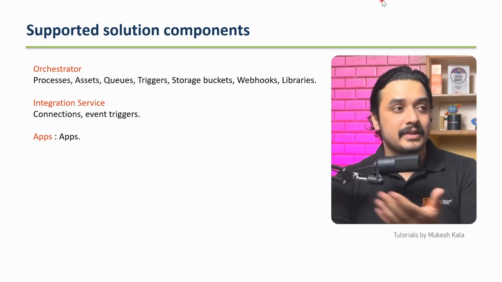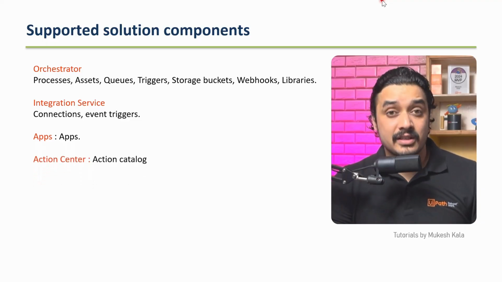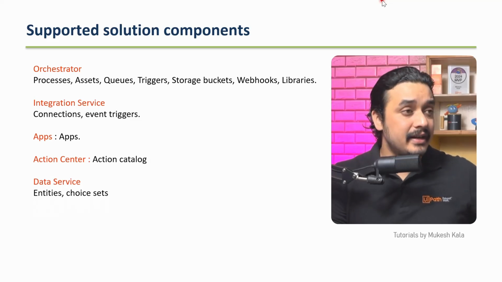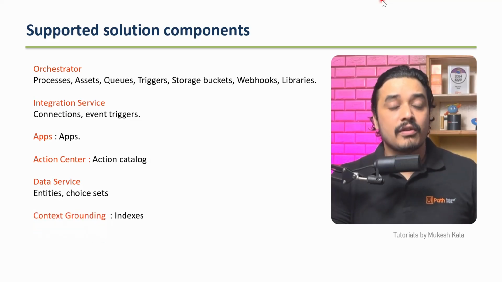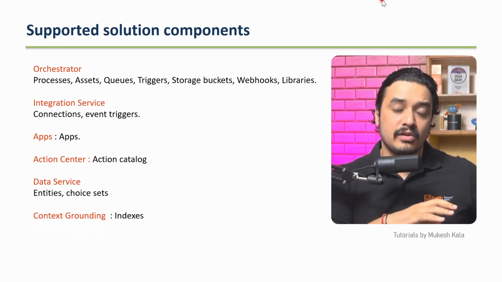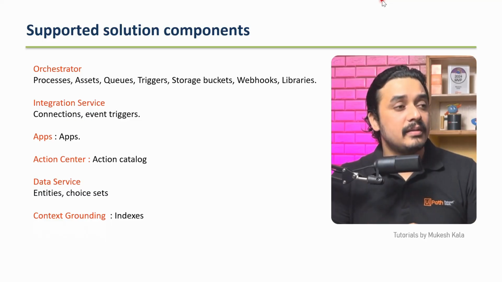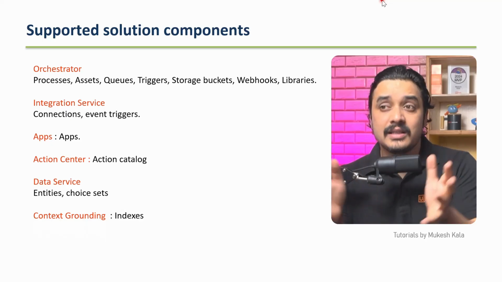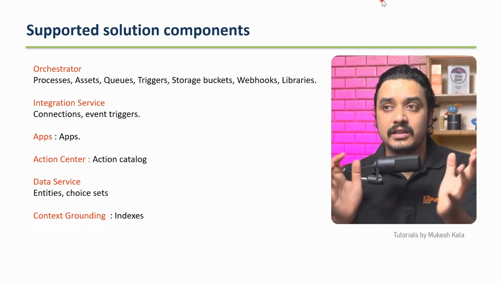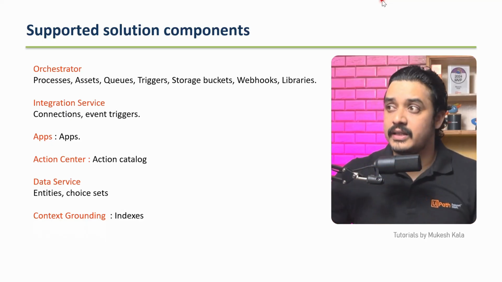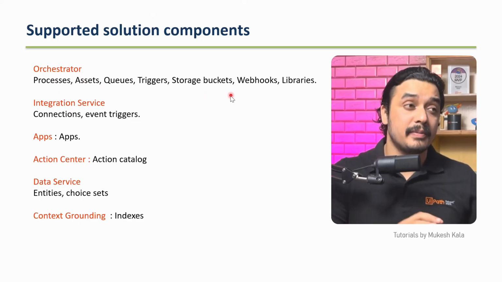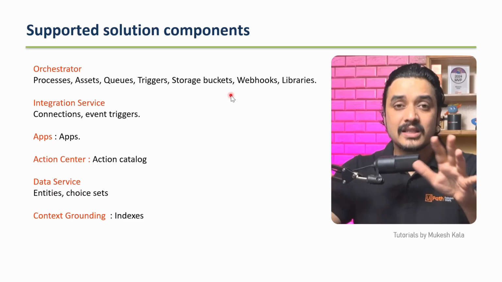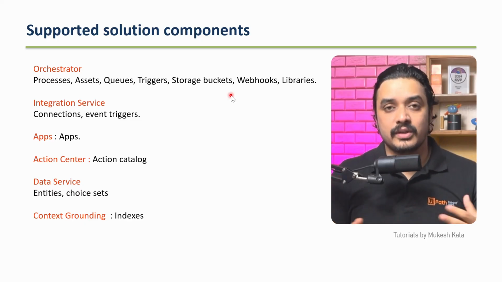In terms of apps, yes, definitely apps are there. For Action Center, it would be Action Catalog. From Data Service or Data Fabric, it would be entities and choice sets. And from Context Grounding, if you are doing the concept of RAG, you can pass the indexes. So these are all the things from all the different categories which you can club together. And when I say processes, this definitely includes the RPA processes; Agent Builder and all of that comes with it, right? So these are all the different solution components which you can stitch together.